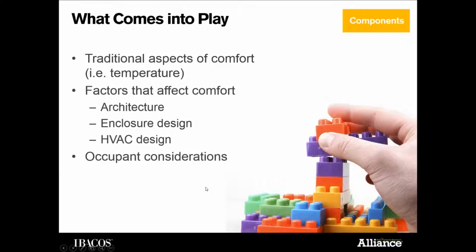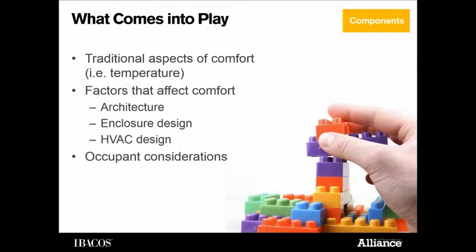So the two factors that come into play here, there's obviously the traditional aspects, which Tim talked about, the temperature and the things that a human feels within an environment. But there's also factors that the builder and architect can actually implement changes to affect comfort. So when we talk about the architecture and the design of the building from a volume standpoint, those things need to be placed in consideration.